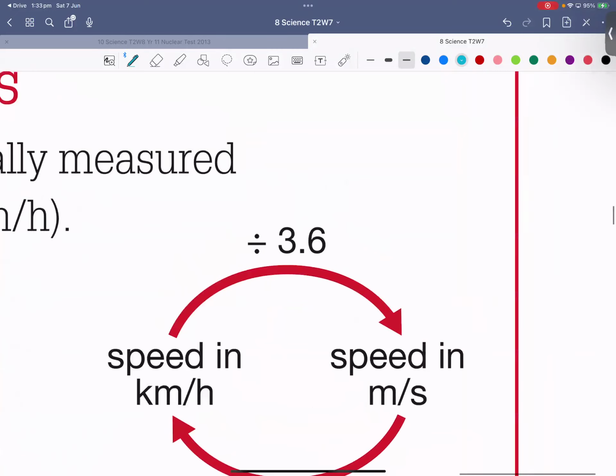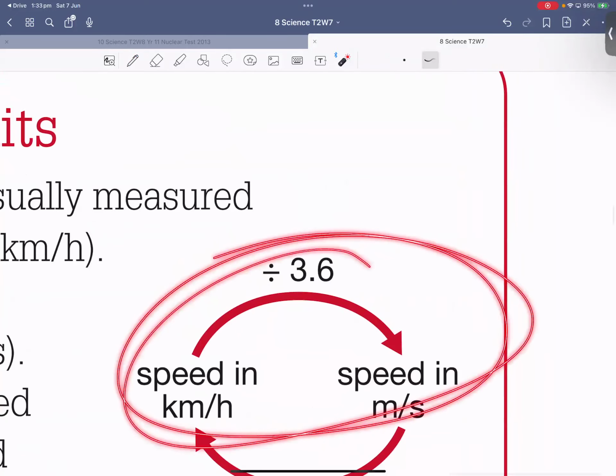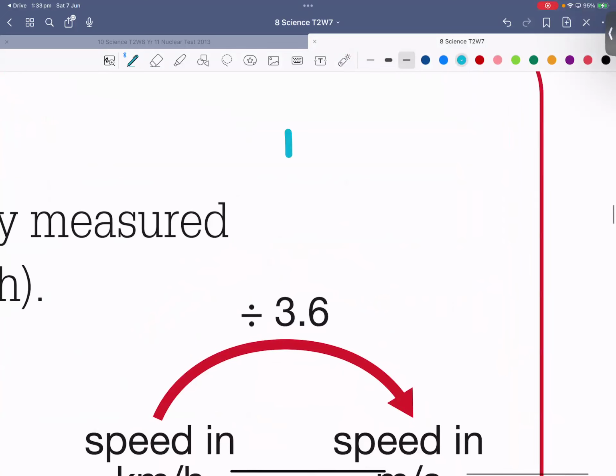The reason it is divided by 3.6 is because if you can imagine, 1 kilometer an hour is basically me saying 1,000 meters per hour.